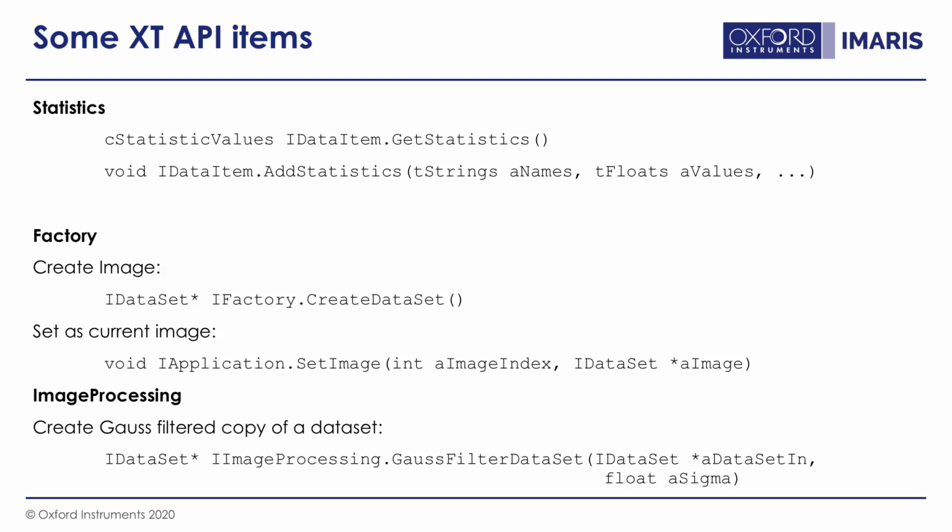And the SetDataset is the old method, which just sets the first image. If you want to use several images, then you can specify here with the image index 1, for example, and set the dataset. Then it will create a second image in your Imaris application, and you can then use the frame to move it around.